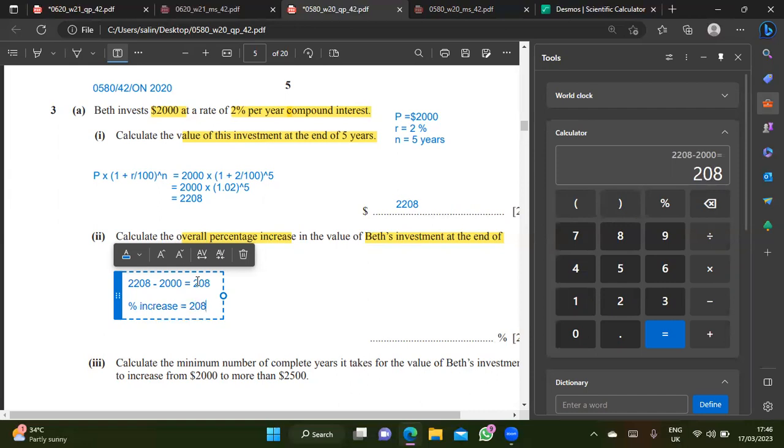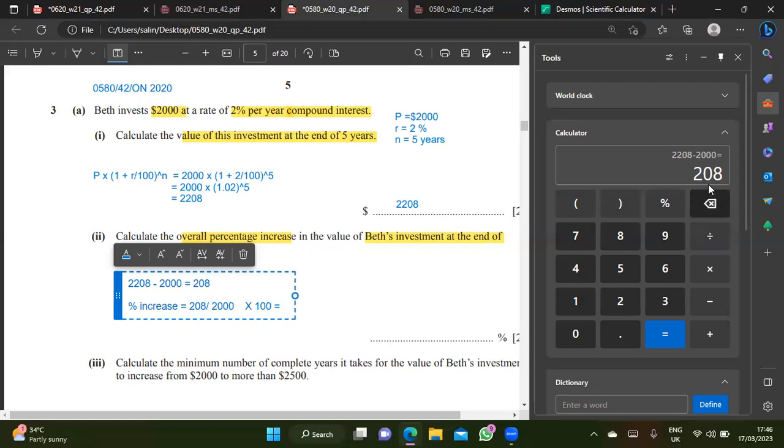Now you have to be very careful. Now what do you need to divide by? Divide by the capital, the original money that you invested, which is 2,000. Since this is a percentage, you multiply by 100. There you go. It's easy as that.